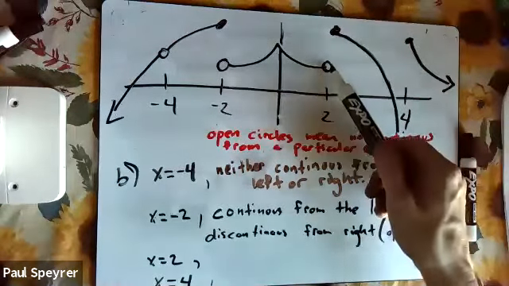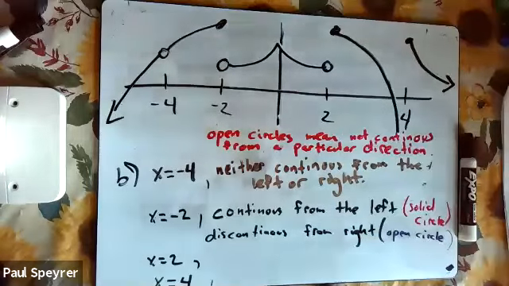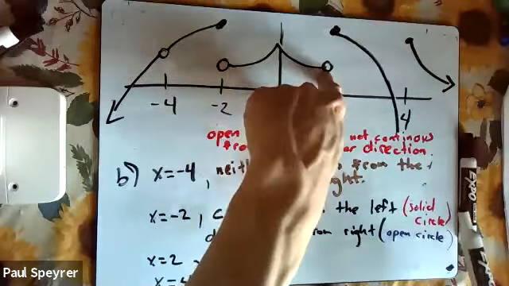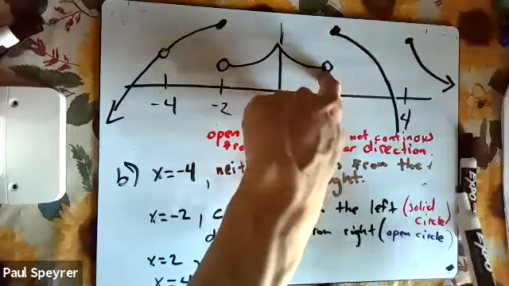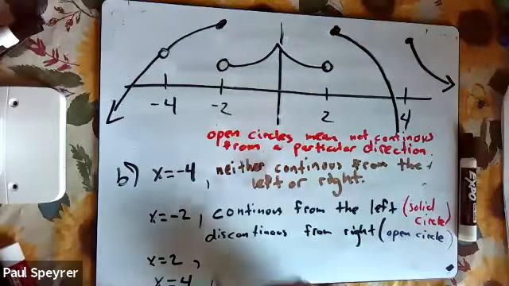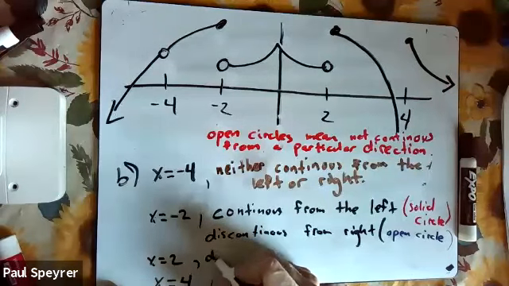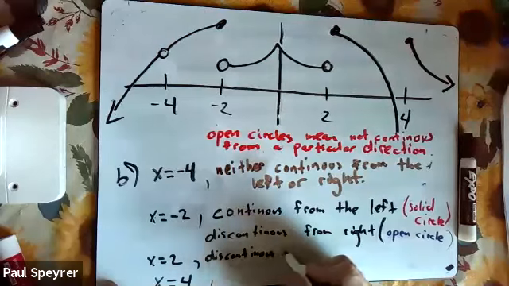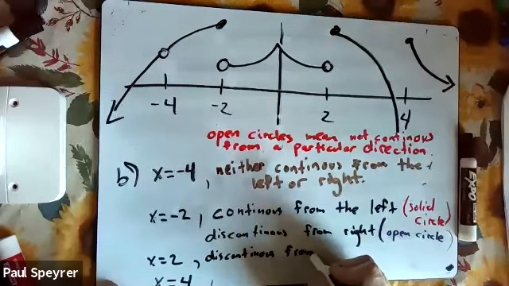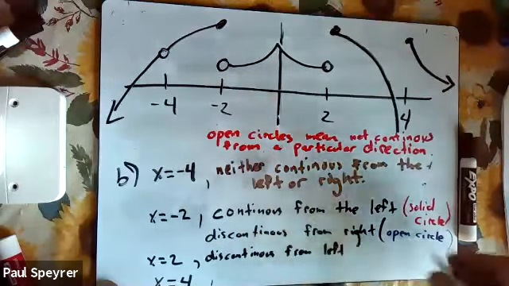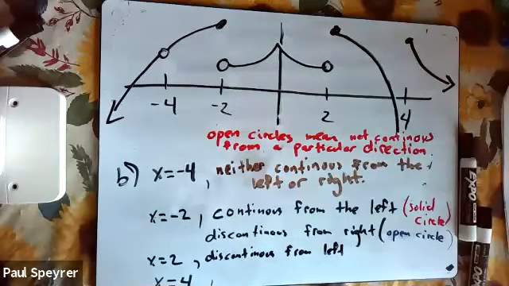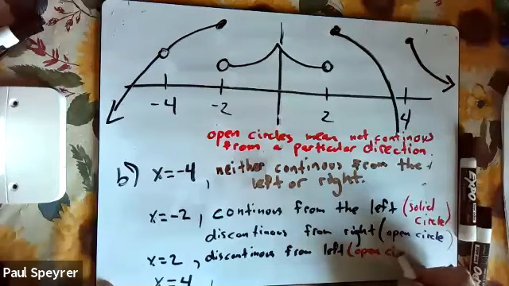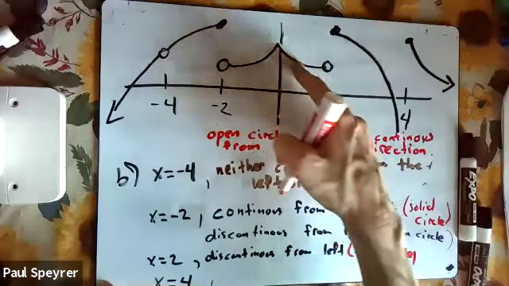Moving on to positive 2, again, open and closed circles. You have combinations, but as we approach 2 from the left, you're running into an open circle. That means discontinuous right there. So discontinuous from the left, and again, it's because you have that open circle right there.